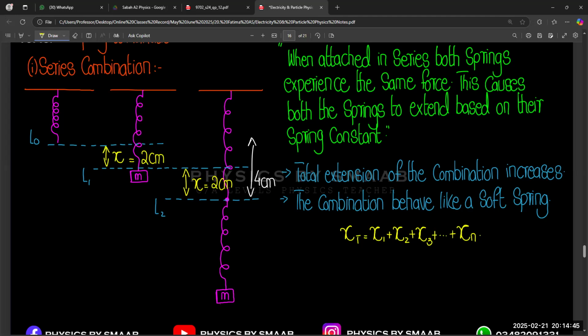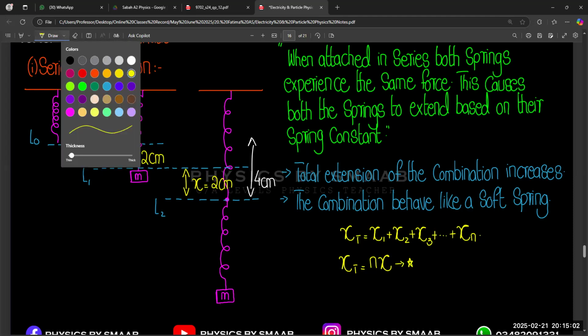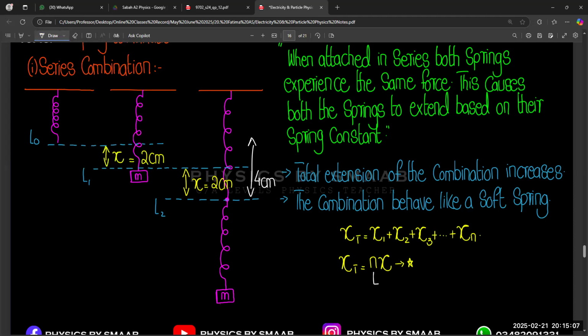Or in simple words, xt is equal to number of springs multiplied by the extension of single spring. So this is the general equation for the combination of springs in series combination, and this n represents number of springs, right?